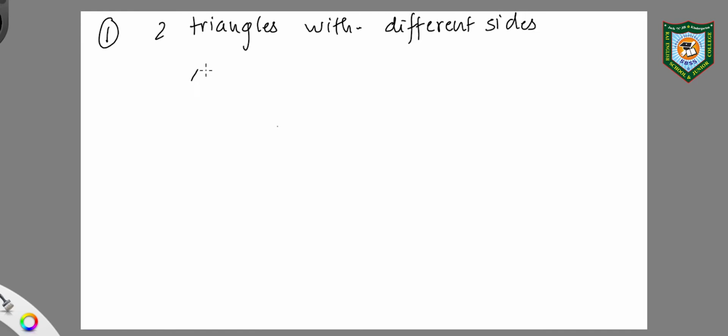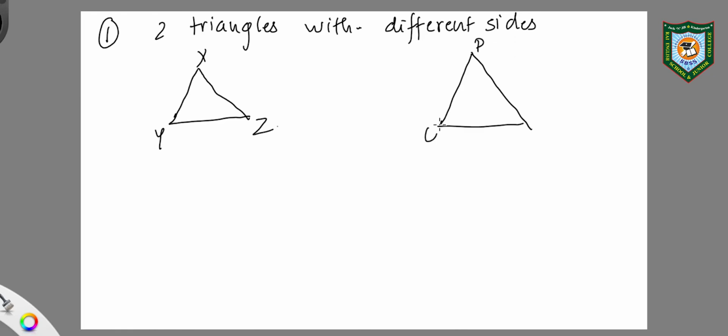So let's choose two triangles. I have here triangle XYZ, and here I have triangle PQR.